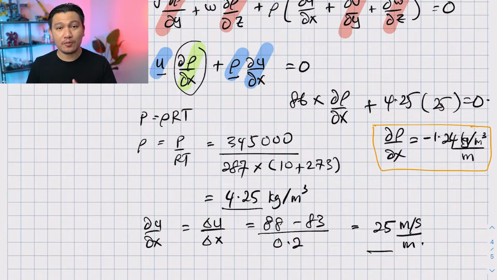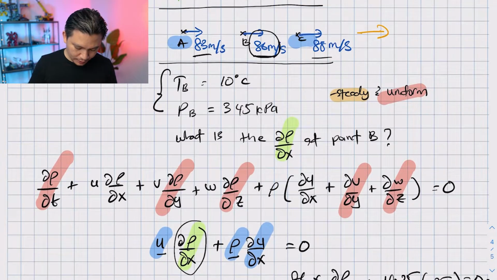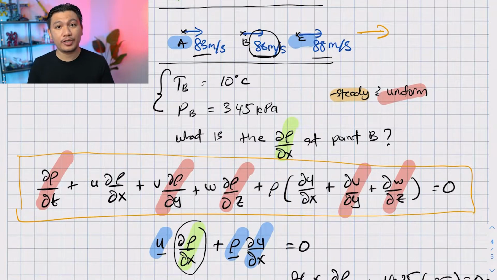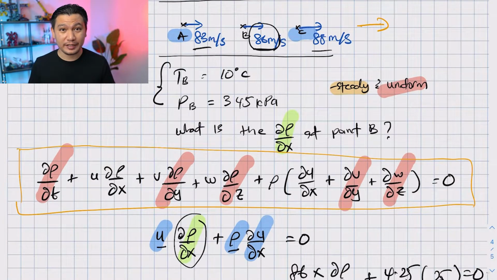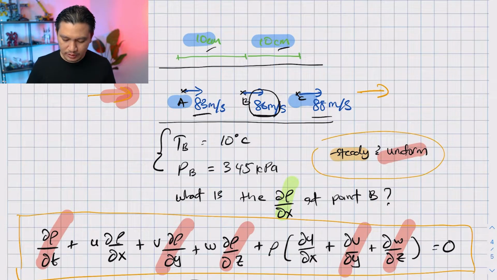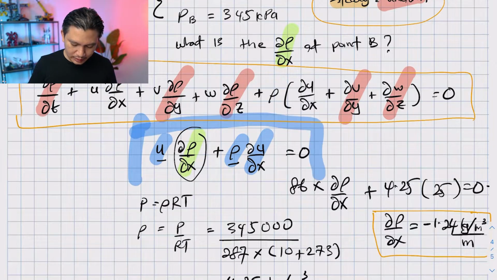Okay, so if I recap what we have done here. Basically, we have this equation. There's no need to derive it again because you have already derived it in the previous video. And if you memorize the equation, you can just write it. The next step is to eliminate the terms that are not used in this problem. The most important assumption is steady and uniform flow. From that assumption, you can remove a lot of terms inside this equation, and you are left with only this equation.